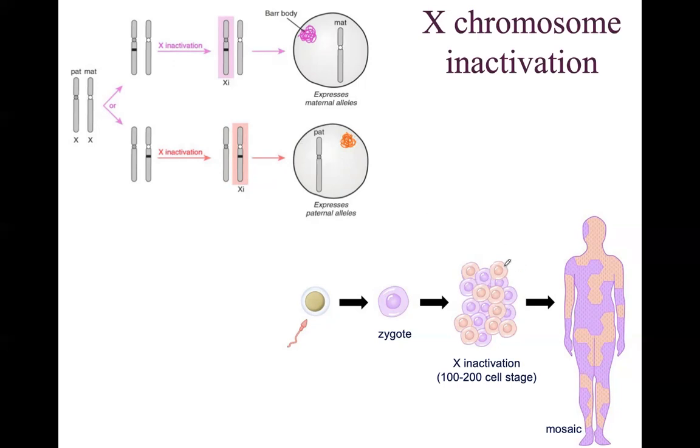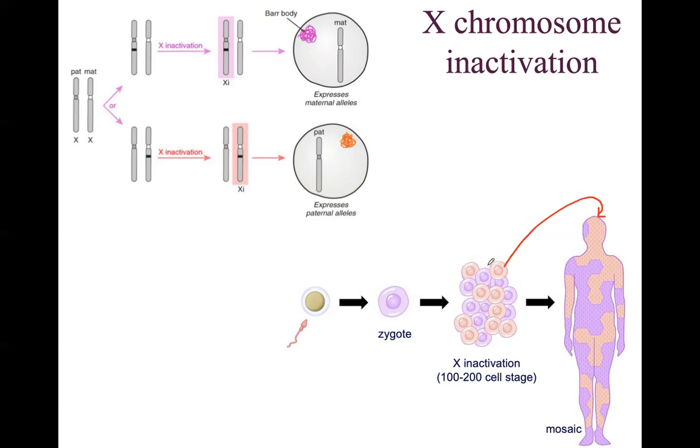Every cell that comes from this particular cell will always have that chromosome inactivated. So in this case, this cell turned off the maternal, right, and kept only the paternal. Or did I get that backwards?